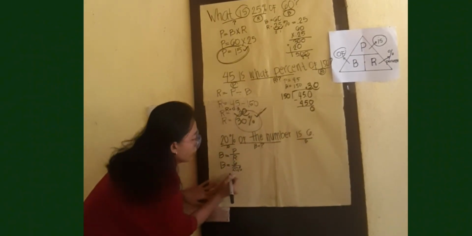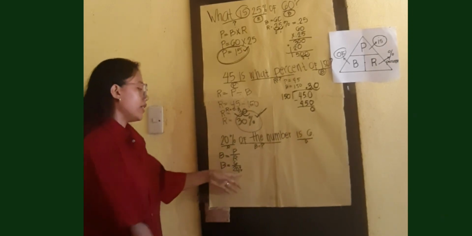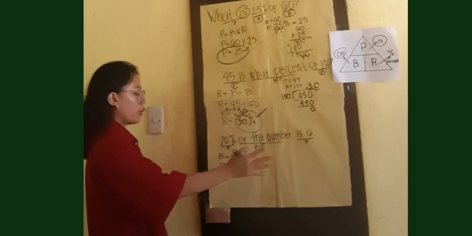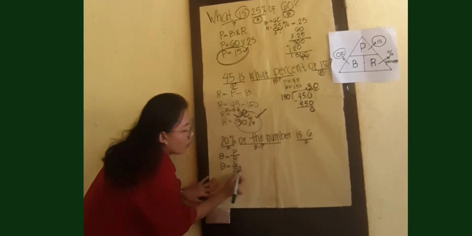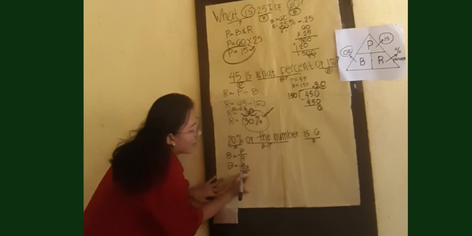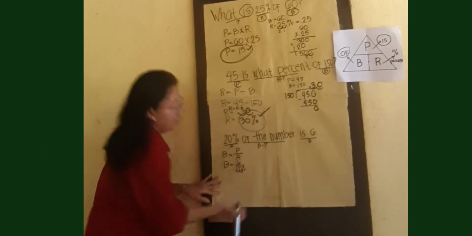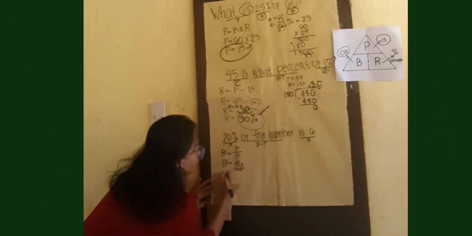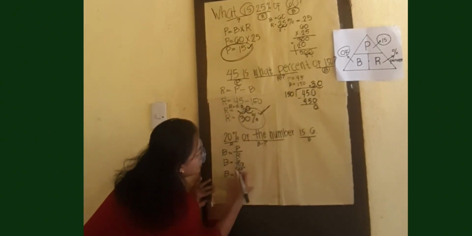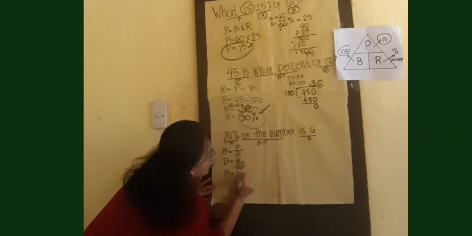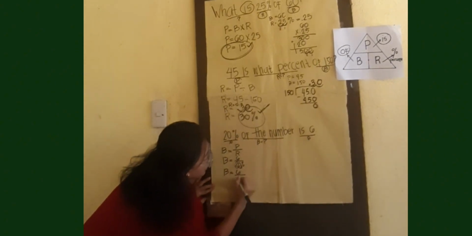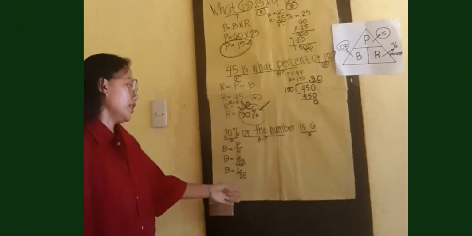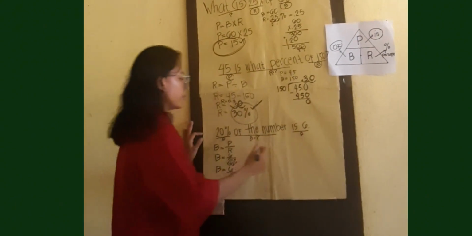The easiest way is kinahanglan na nato siya i-move twice from right to left. 1, 2. Namagutan ta og decimal. So, mahimo na siya B equals 6 divided by 0.20 or 20 hundredths.